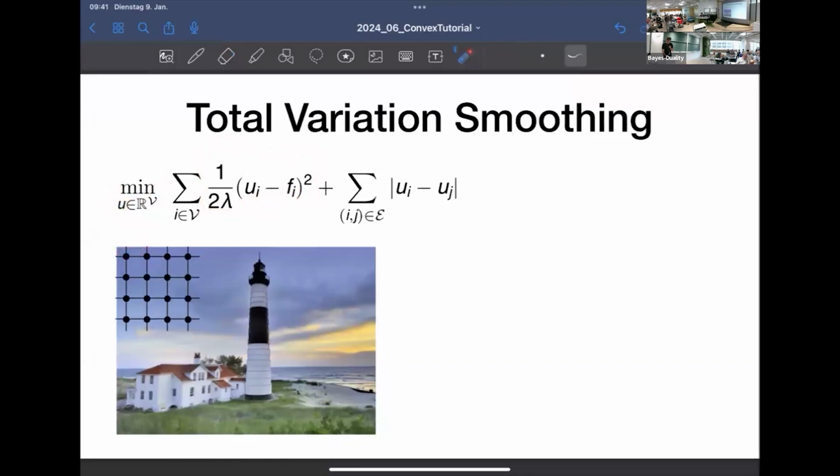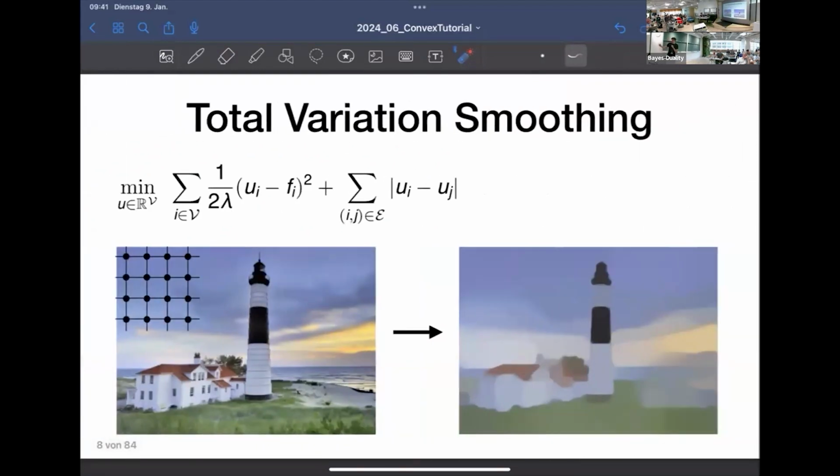And if we would just minimize this first term here, our solution u would just give us back the input image. Then there's this extra term which says, okay, two neighboring vertices should have the same value, and they are penalized with this absolute value. It's basically saying the absolute value of the differences between neighbors along the edges should be small as well, and this gives you a smoothing of this image. So if you solve that optimization problem, you will get basically a smooth version of your input.